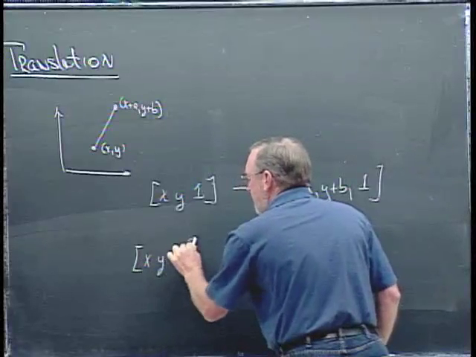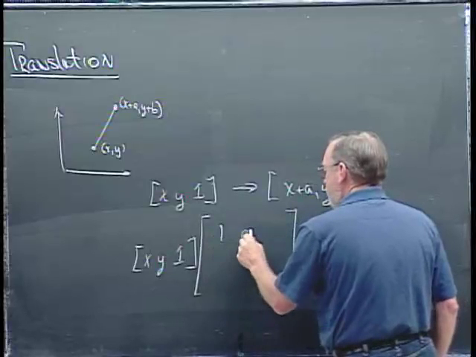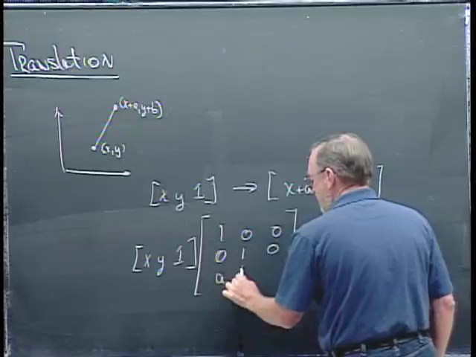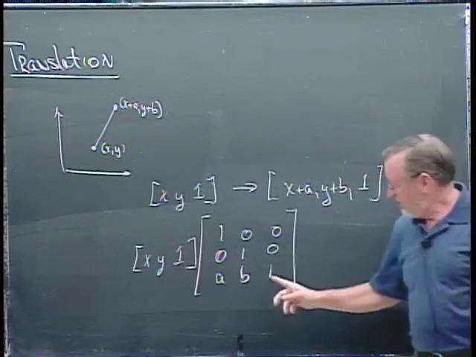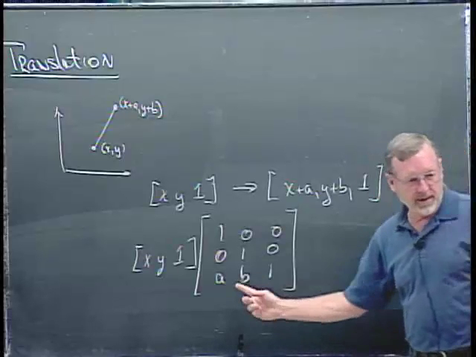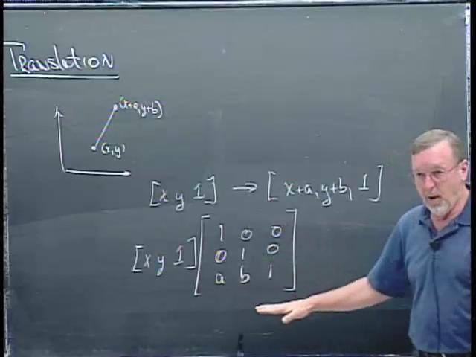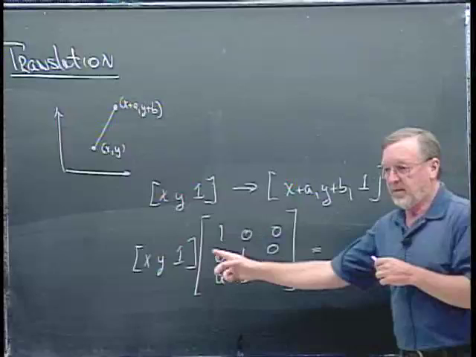It takes a little experimenting. But if I look at this matrix, notice this has a and b down here in the third row, okay? And I do this multiplication.